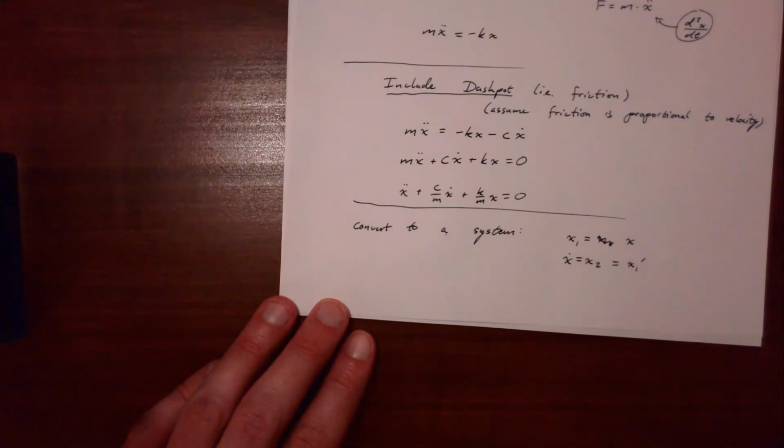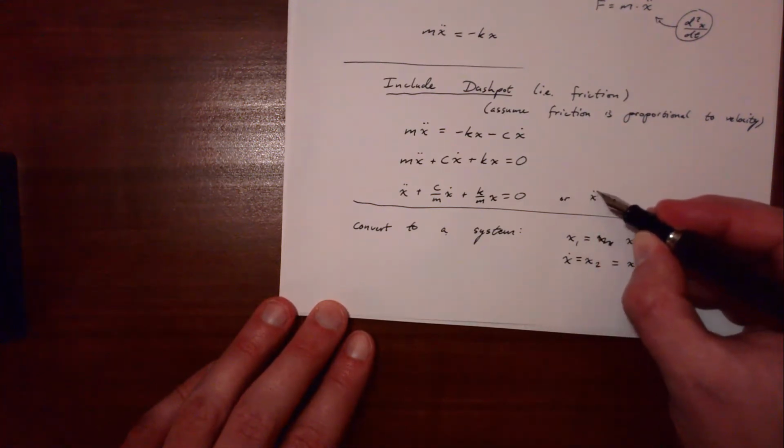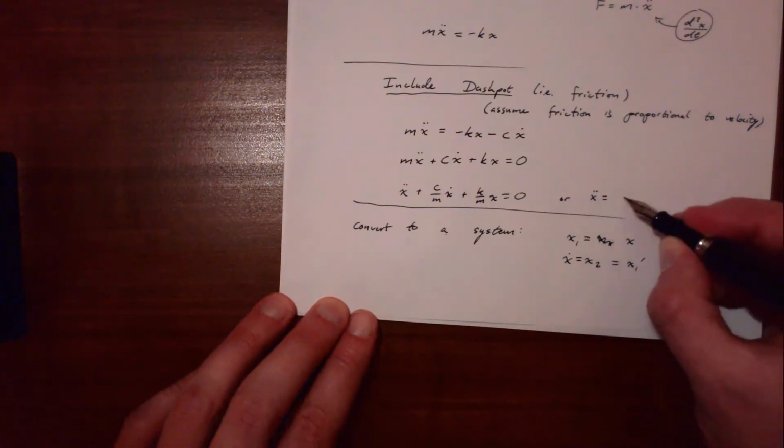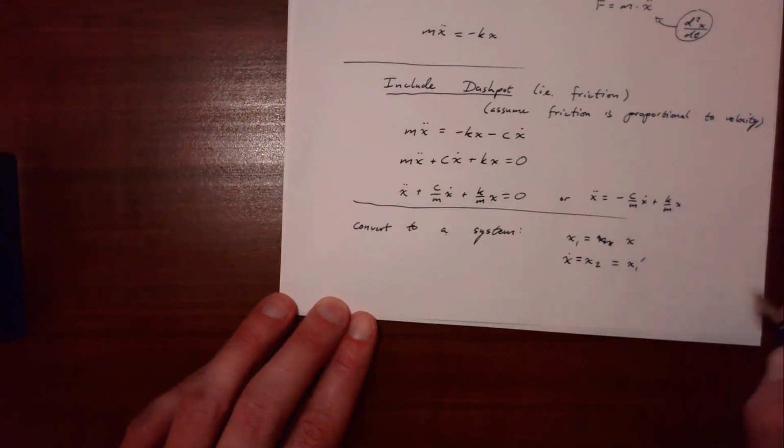And then also, here we'll put this in both forms, x dot dot equal to negative c over m x dot minus k over m x.